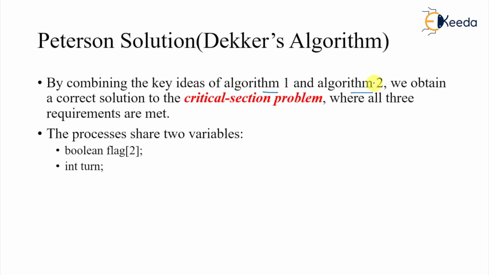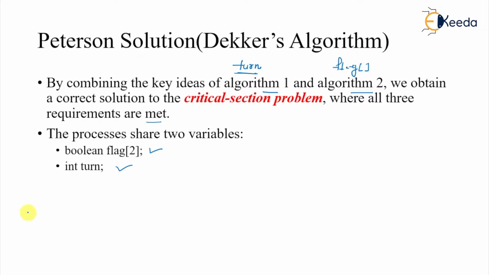The idea is combining algorithm 1 and algorithm 2. Algorithm 1 used the shared variable turn, and algorithm 2 used a boolean flag. Okay, we obtain the correct solution of the critical section problem, where all three requirements are met.